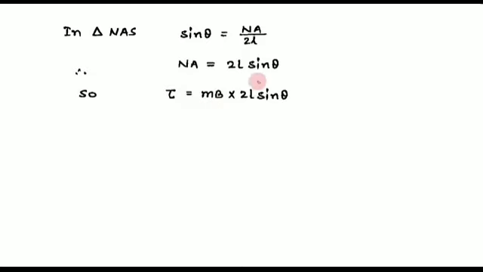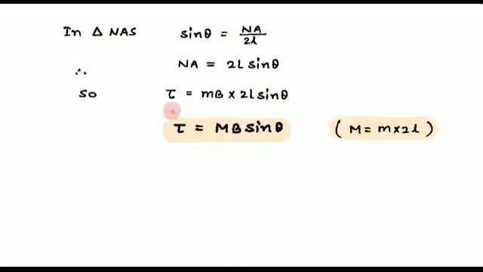Here B means the magnetic field and 2L the length, and the angle formed is theta. So torque is equal to mB sin theta.